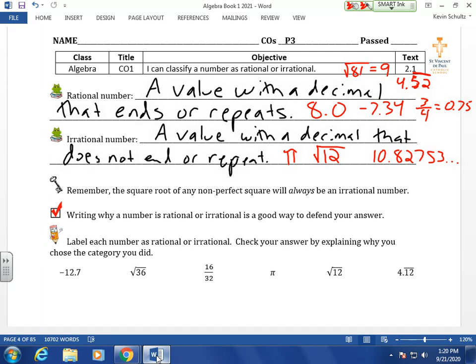If you divide 10 by 3, it keeps on going, 3.33. Like 10 thirds? Yeah. It's still rational because that decimal is 3.3 repeating. Because it repeats, that makes it rational.